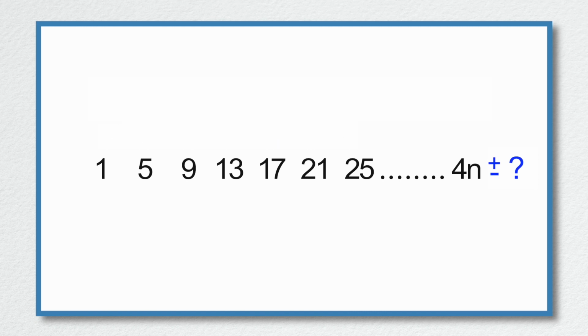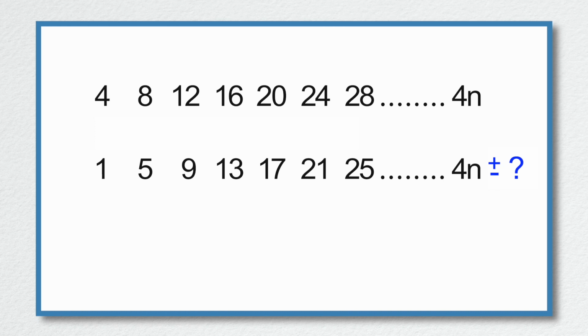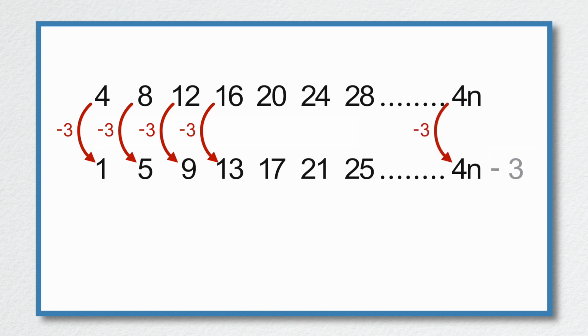Well, here's the 4 times table, and to get from the 4 times table to our number sequence, we're subtracting 3 each time. 4 subtract 3 is equal to 1, 8 subtract 3 is equal to 5, 12 subtract 3 is equal to 9, and so on. So our general rule for this sequence is going to be 4n subtract 3.